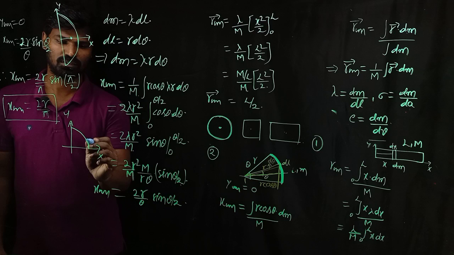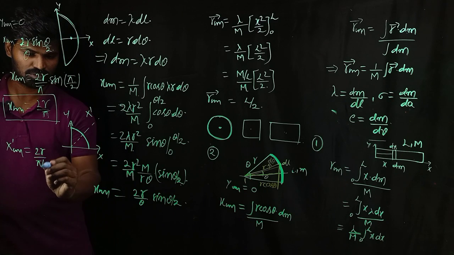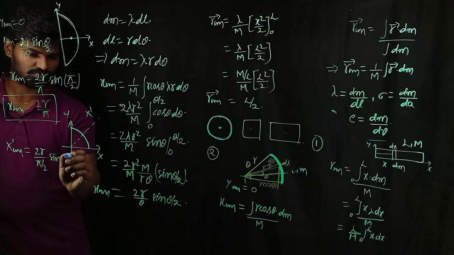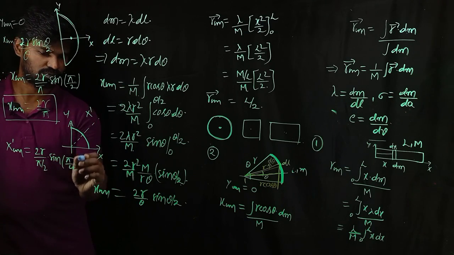The center of mass should lie on this x dash axis only, and I will use this expression. Therefore, x dash center of mass is 2r divided by the total angle, which is pi by 2, into sine of pi divided by 4.